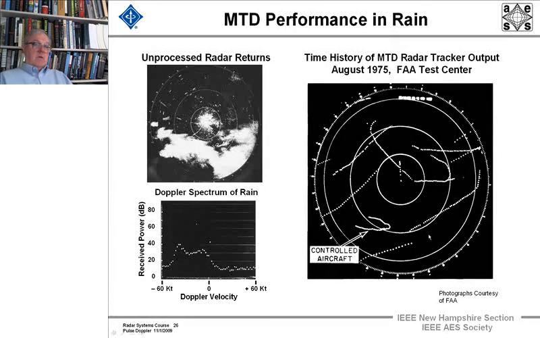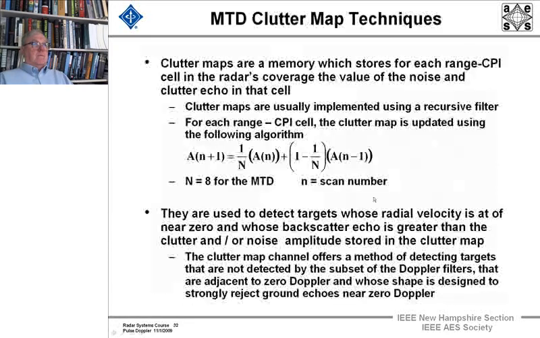And here, when you're tangential, there was only one dropout, which a tracker can readily handle. With an MTI system, there'd be a whole band of dropouts, and then you'd have to reestablish a new track. And here, when this aircraft took a turn, there were no dropouts when the aircraft was tangential. And with MTI circuits, that is a major problem.